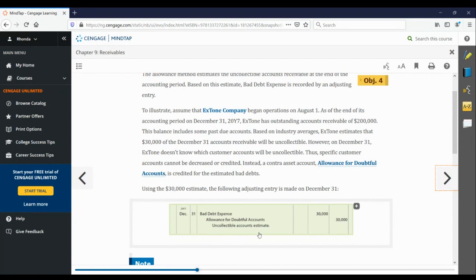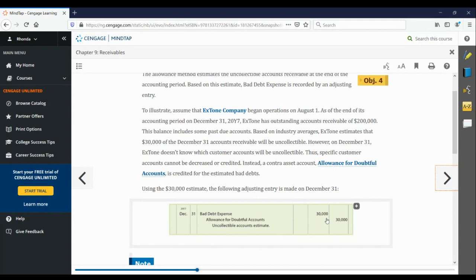So on your screen, you can see this adjusting entry. You can see at the end of the accounting period, they are estimating that the bad debt expense is going to be $30,000.